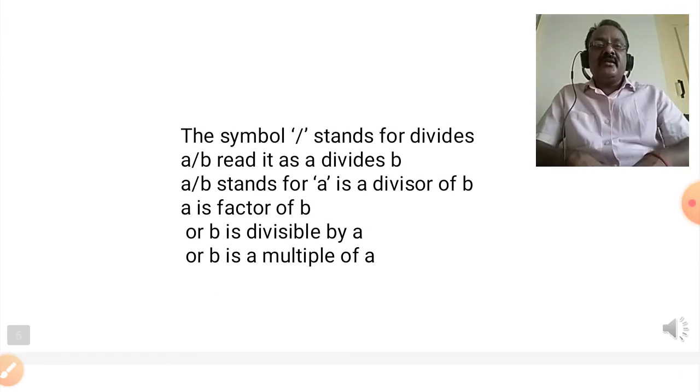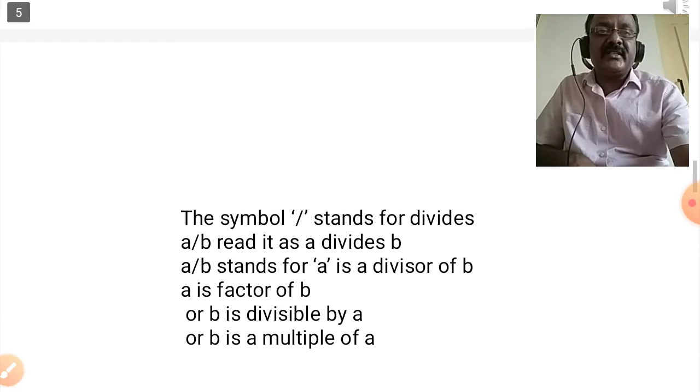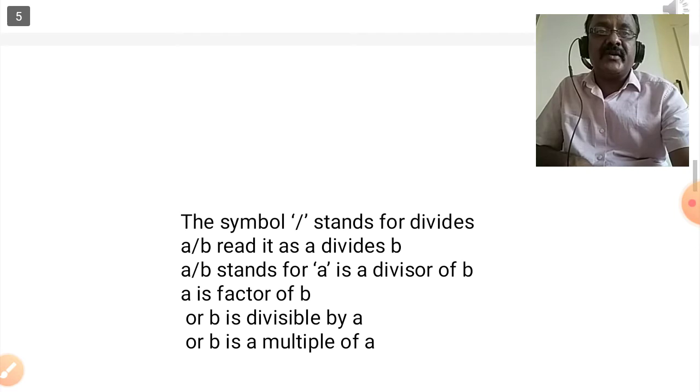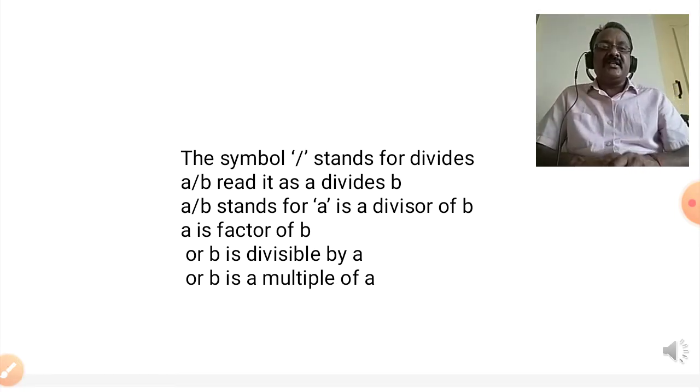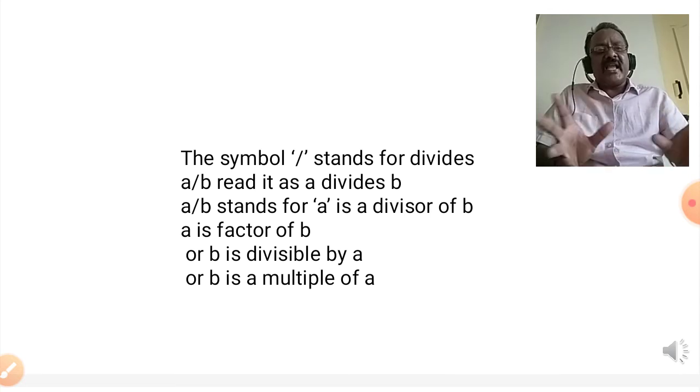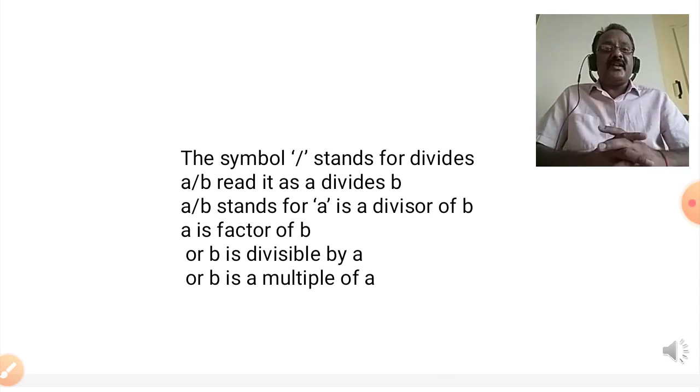Now, as shown in the previous slide, the slash symbol stands for divides. In number theory, that symbol stands for divides. A divides b, read it as A divides b. ಅದನ್ನು ಬೇರೆ ಆ್ಯಂಗಲಲ್ಲೂ ನಾವು ಯೋಚನೆ ಮಾಡಬಹುದು.